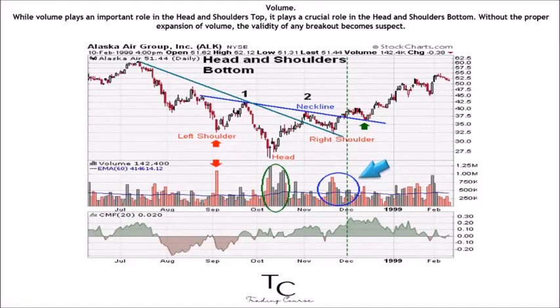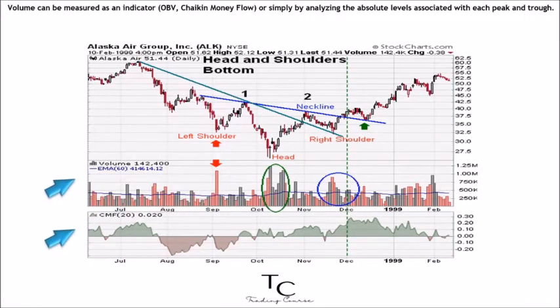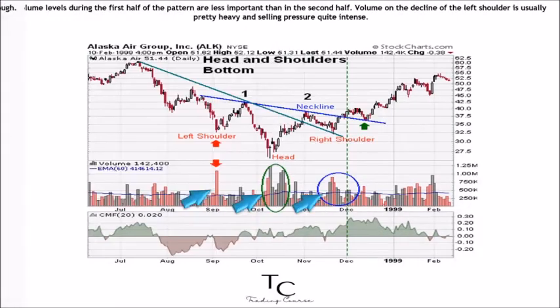Volume. While volume plays an important role in the head and shoulders top, it plays a crucial role in the head and shoulders bottom. Without the proper expansion of volume, the validity of any breakout becomes suspect. Volume can be measured as an indicator, OBV, Chaikin money flow, or simply by analyzing the absolute levels associated with each peak and trough.